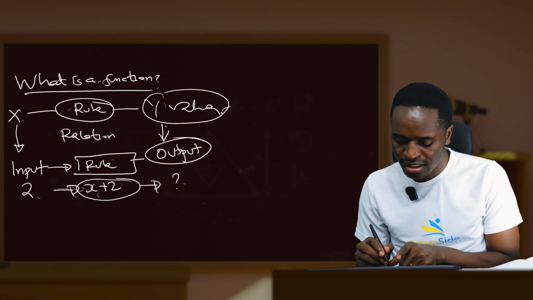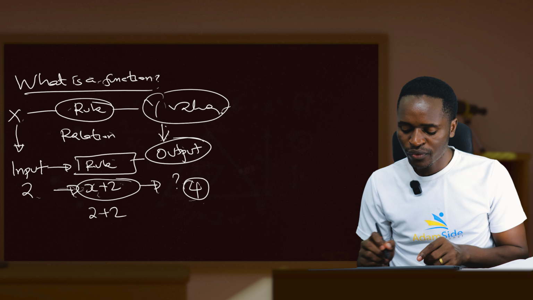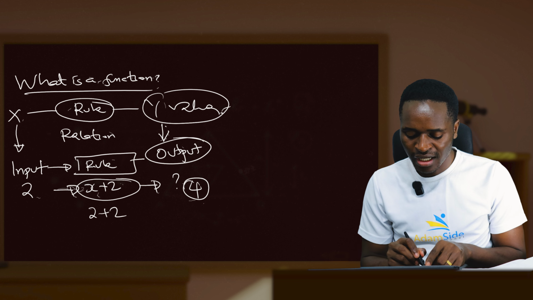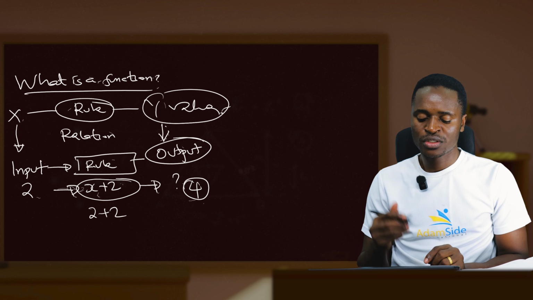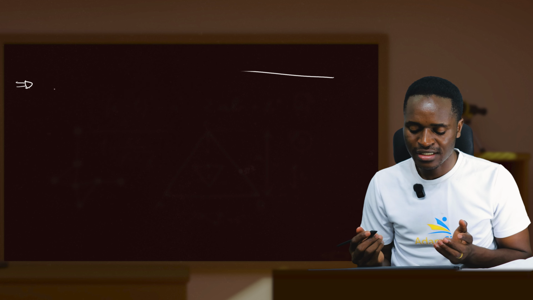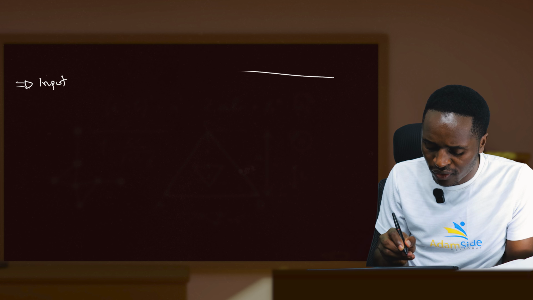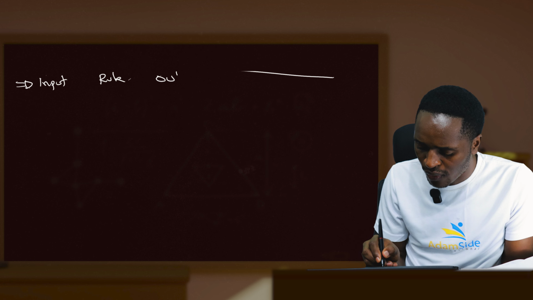We get 2 plus 2, which is 4. So we get 4 after we put 2 into the function. Now we have our input, then our rule, and then our output.